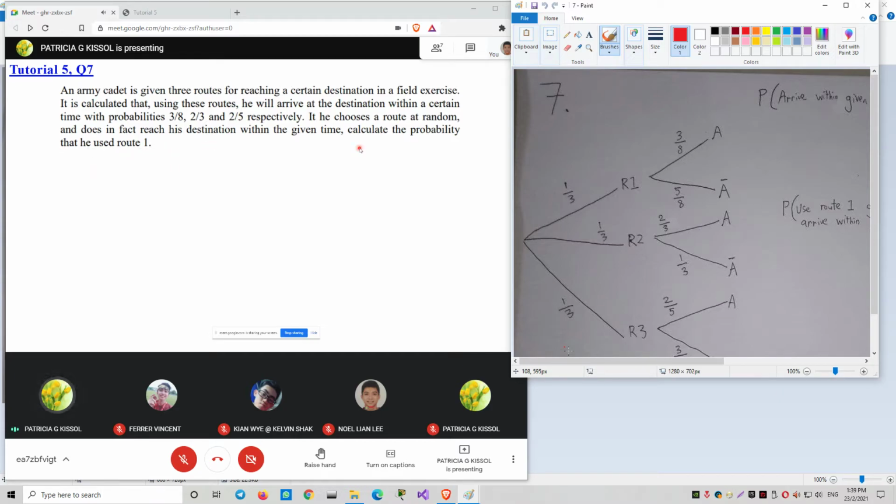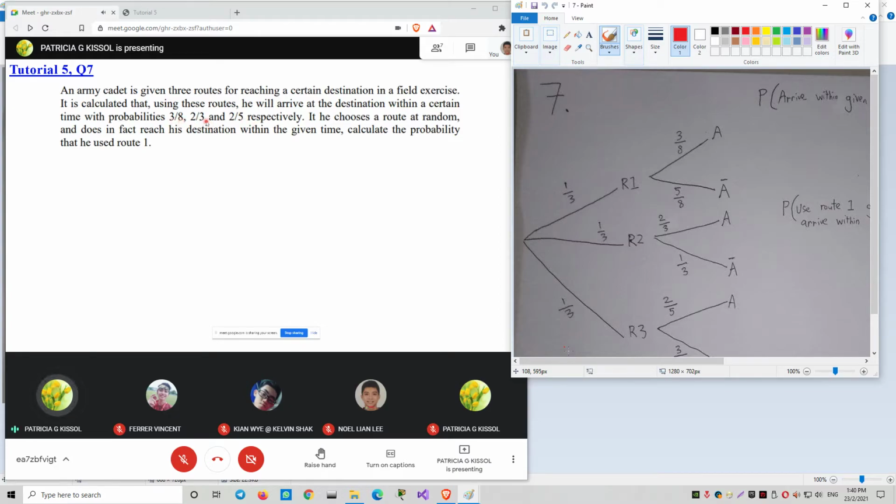For this kind of question, it would be best to draw the probability tree, because remember that these values 3/8, 2/3, and 2/5 have been calculated, and each of them belongs to a different route.